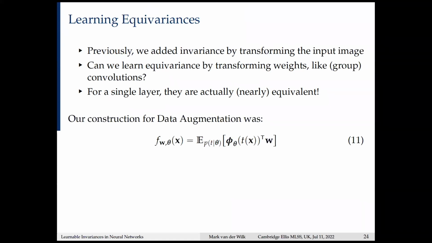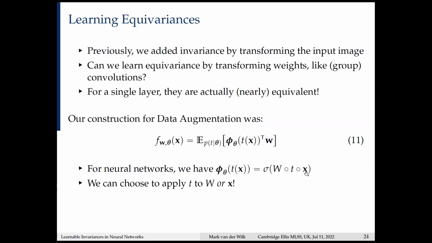So just to give you, again, a light overview of how this works, our construction for an invariant function using data augmentation was taking this expectation here. And if we use a neural network to parameterize our function, that means that our feature representation is a nonlinearity applied to weights applied to a transformation of the input image.